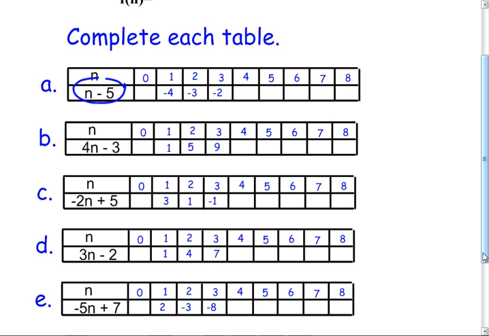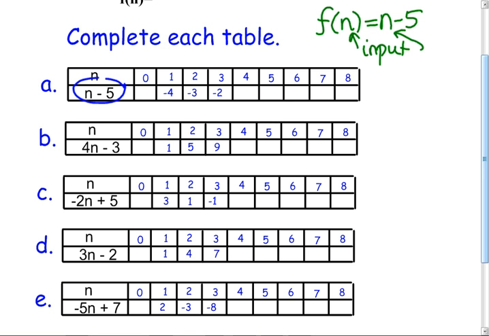So I could do substitute and evaluate if I want to. My rule is, now that is not multiplication. That's my input. And that's my input. And we do tons of this in calculus. So we have to know this. So n is just the number I'm going to input.